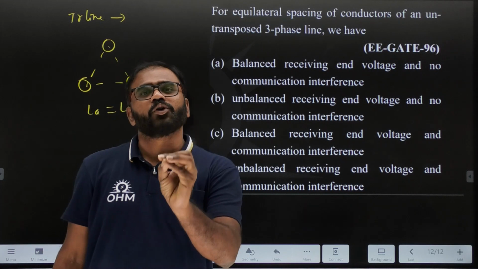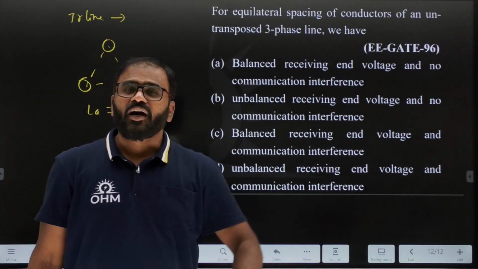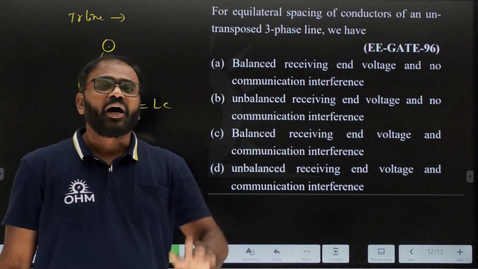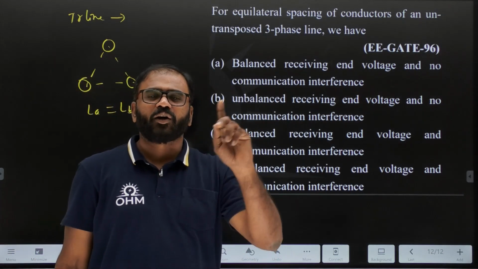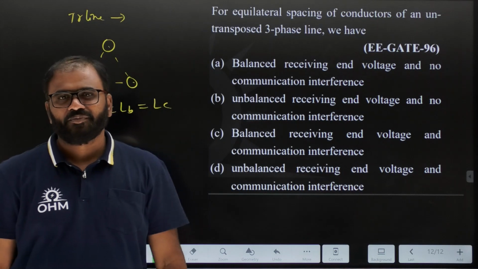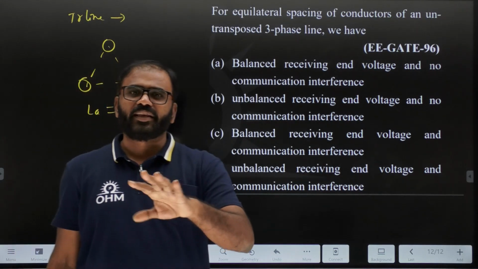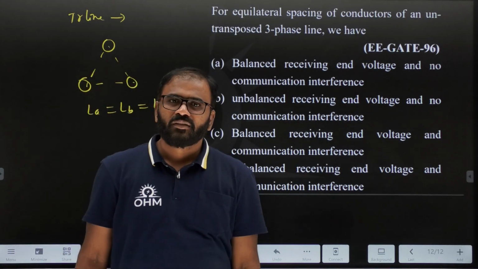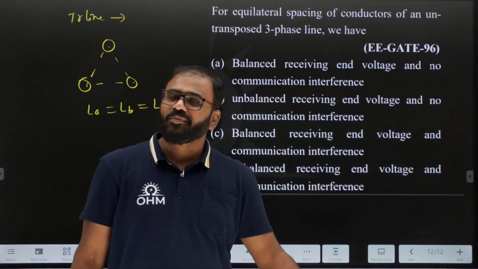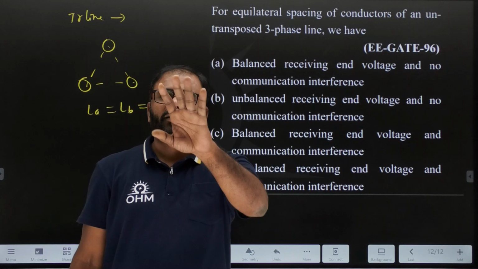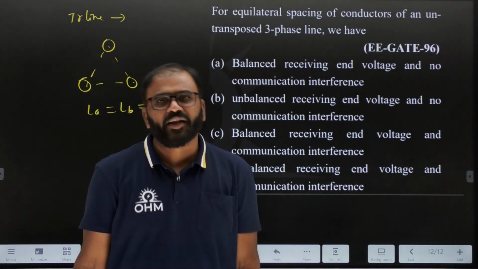Symmetrical configuration produces balanced inductances, unsymmetrical configuration produces unbalanced inductances. For unsymmetrical configuration, we get LA not equal to LB not equal to LC, but for symmetrical configuration, LA, LB, LC are the same. Since you have not done the transposition, it might be symmetrical or unsymmetrical, but 100% there exists communication line interference.